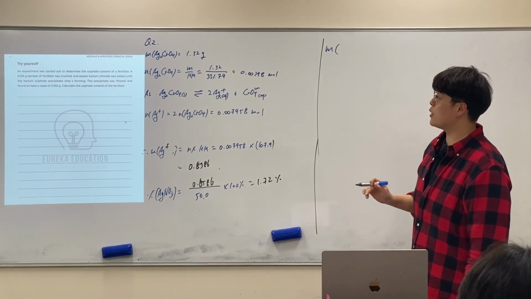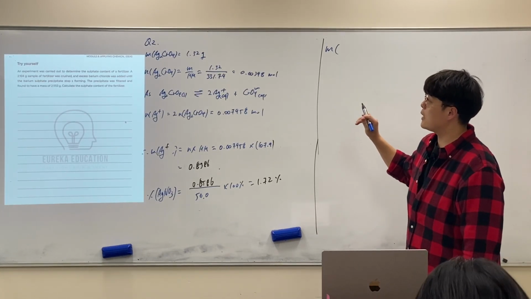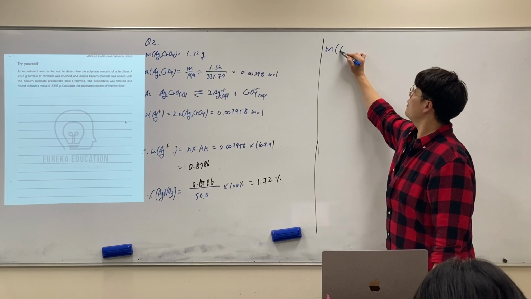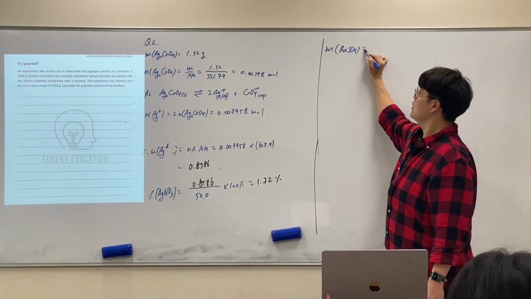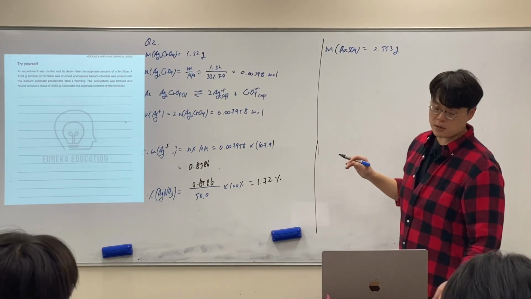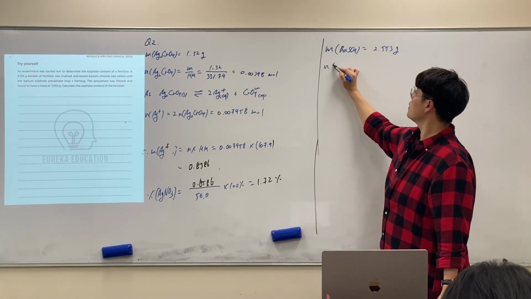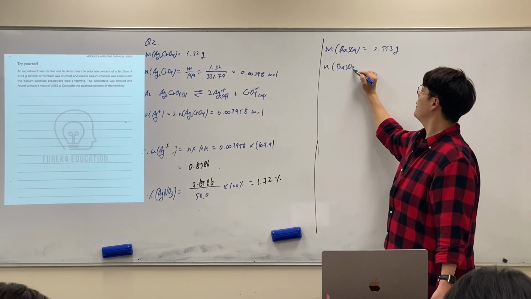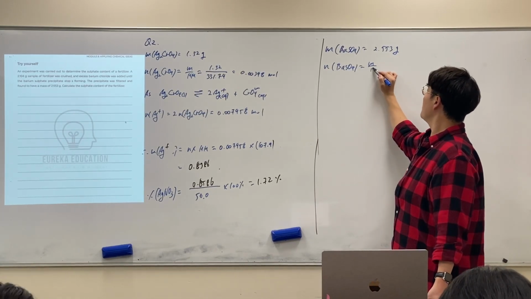So for this we have barium. As we add it, the barium sulfate precipitate forms. 2.553 grams is the mass of the barium sulfate. Again, we can find the n of the barium sulfate by m over molar mass.